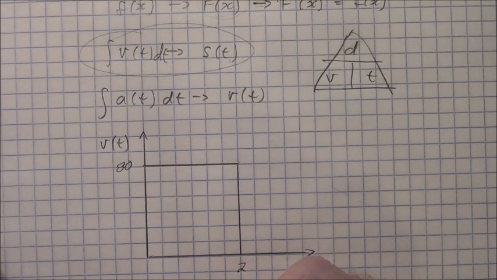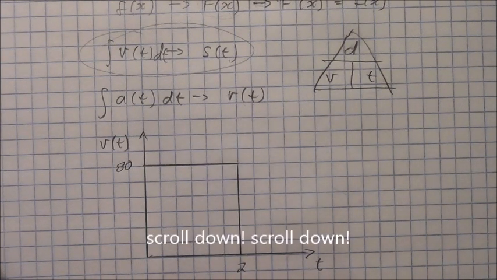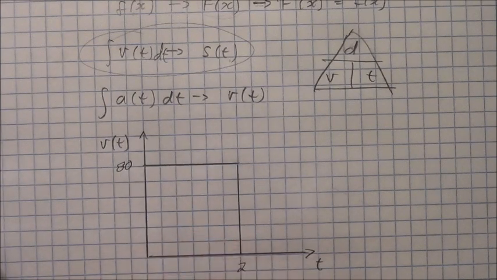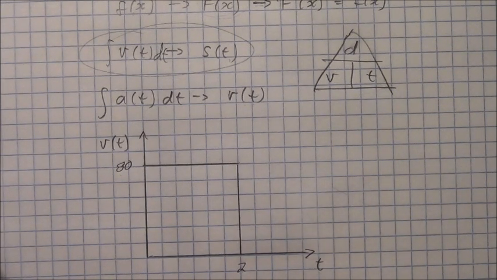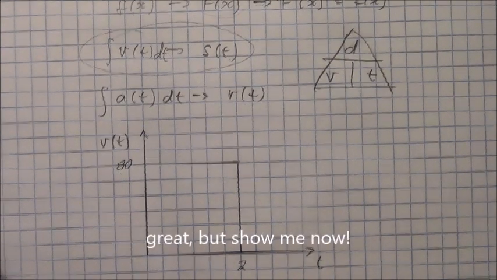I'm changing velocity to speed because I'm not taking into account the direction at the moment. So its speed is 80 kilometers per hour, multiplied by 2 hours, and we get 160. Notice the units are hours over 1, so the hours cancel and we're just left with kilometers. So the units also check out.